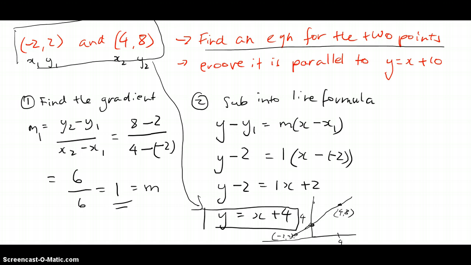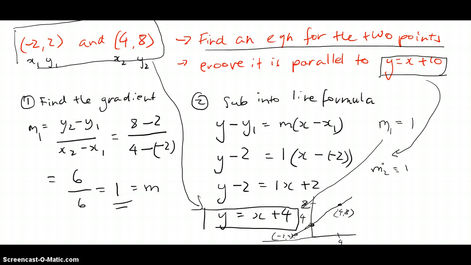Okay, that's 4, that's 8. So it says here, prove that it is parallel to this. Well, this graph right here, m1, the gradient of this graph is equal to 1, and the gradient of this graph is equal to 1.